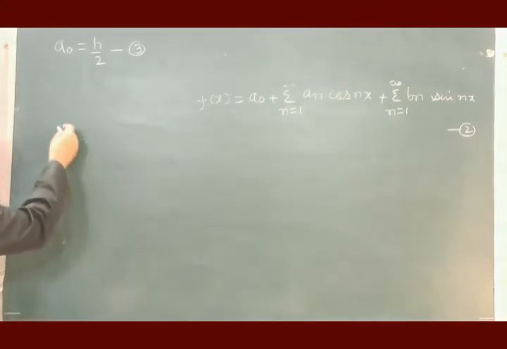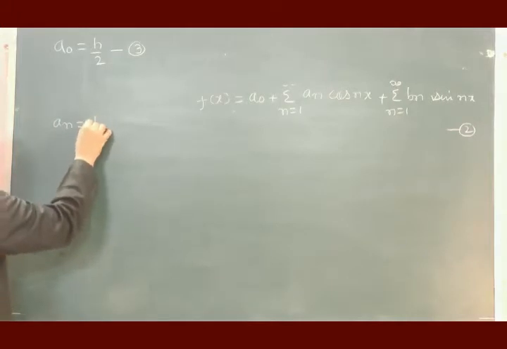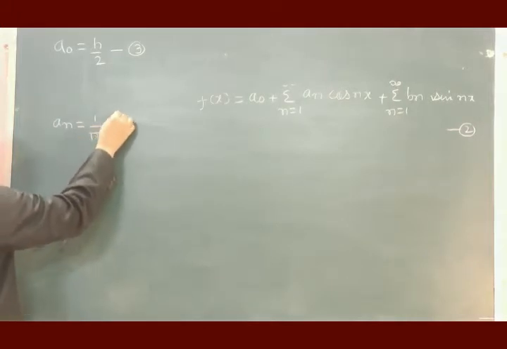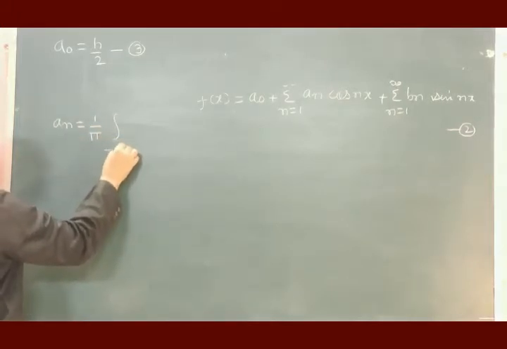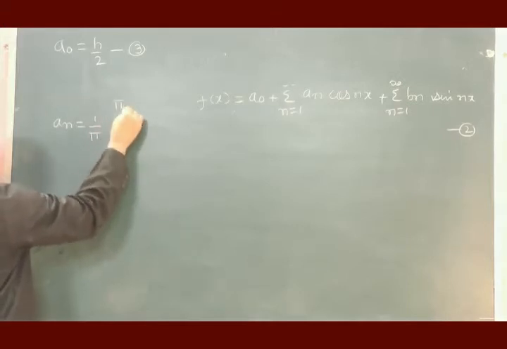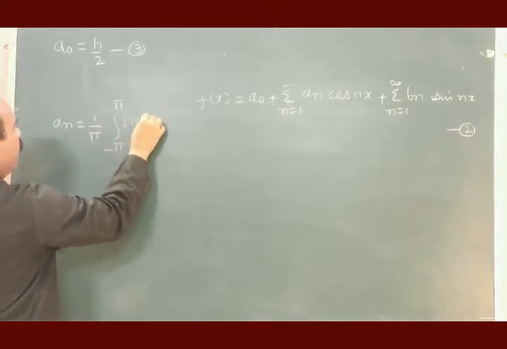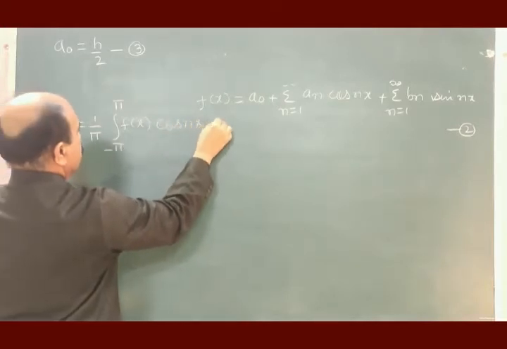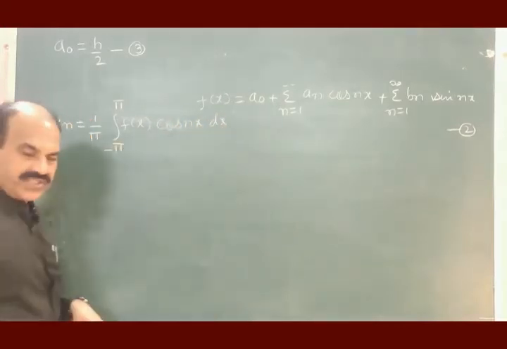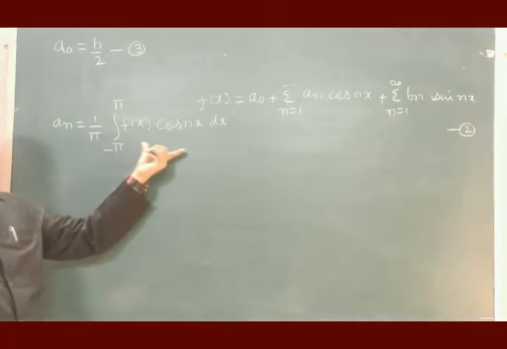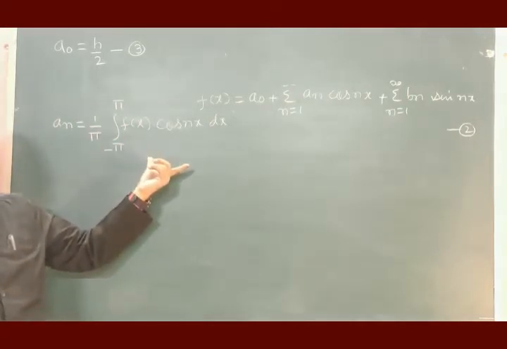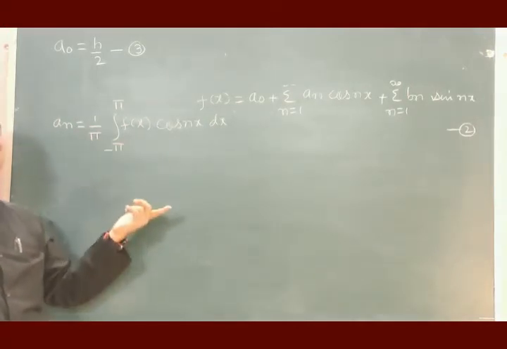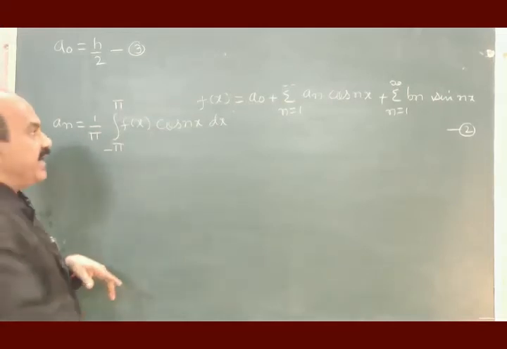After evaluating the first coefficient A0, let us try to evaluate the second coefficient An. Write the formula for the second coefficient. An is equal to 1 divided by pi integration over minus pi to pi f of x into cos nx dx. Split this integration into two limits, minus pi to 0 and 0 to pi.